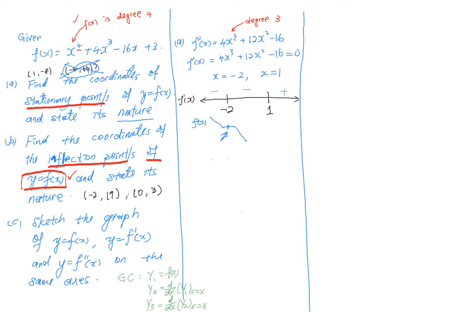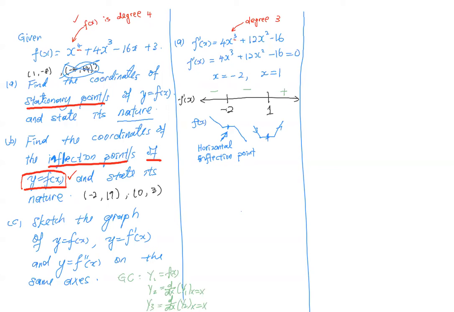I should call this horizontal stationary inflection point, or stationary inflection point also can. Correct? And for this part, you go down, stationary, go up.